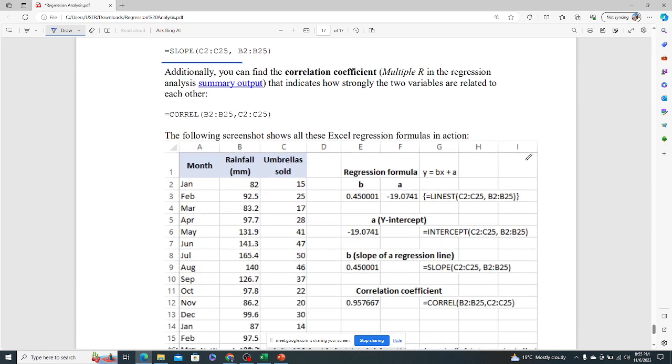Then the last thing is the correlation. Of course, we know correlation tries to indicate the strength between two variables, that is, how strongly the two variables are related to each other.